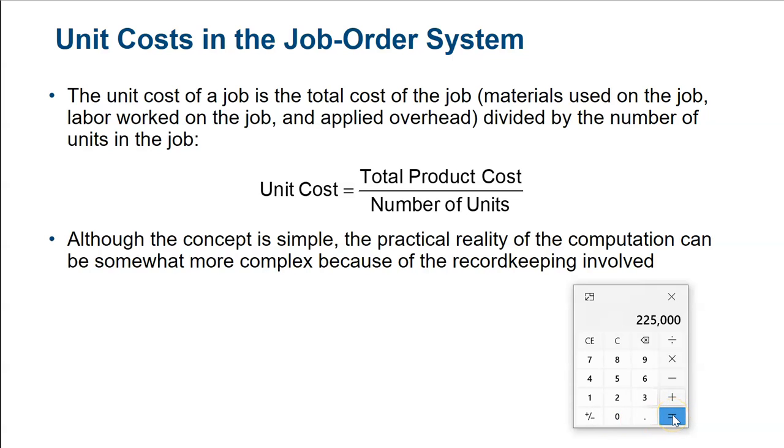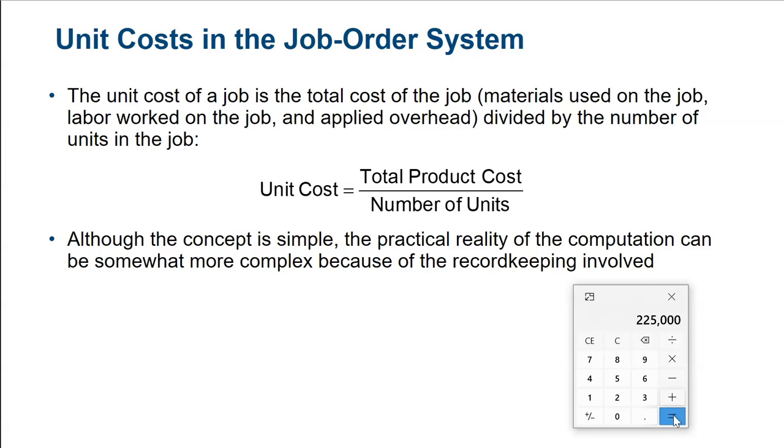So total product costs were $75,000 for direct materials, $70,000 for direct labor, and we applied overhead of 80,000. That's not necessarily what actual overhead was, but we applied overhead at a rate of 80,000.